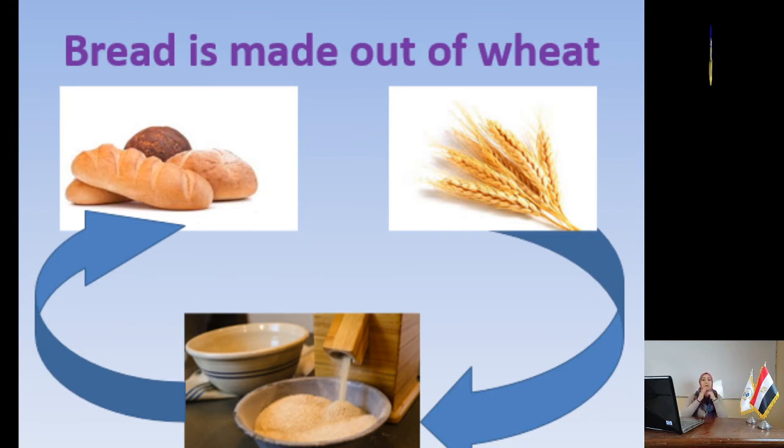Let's see how we use the resources to make other things. In slide number 4, how do we make the bread? The bread is made out of wheat. We know that the bread is one of the goods. How do we get goods?